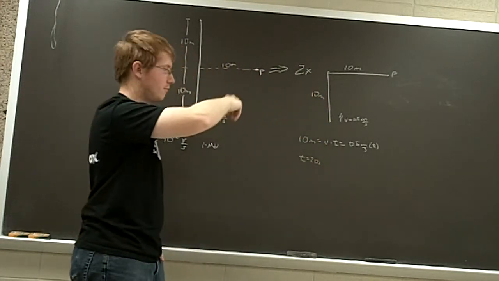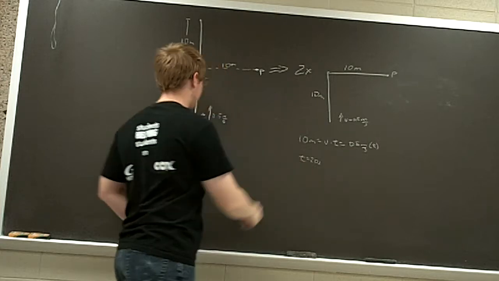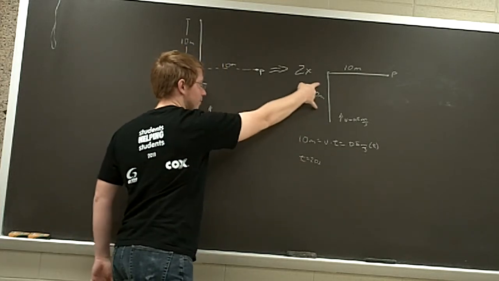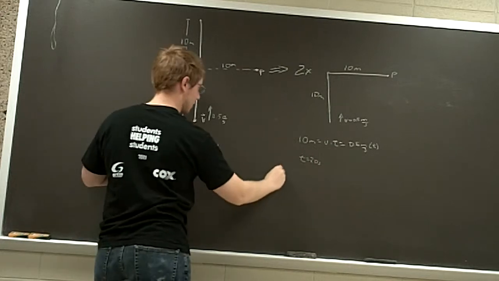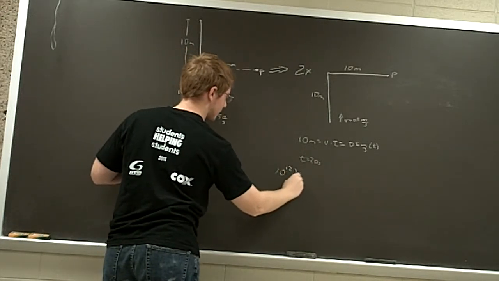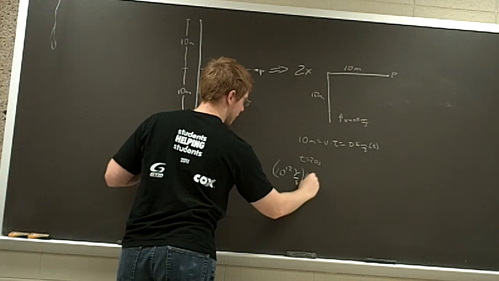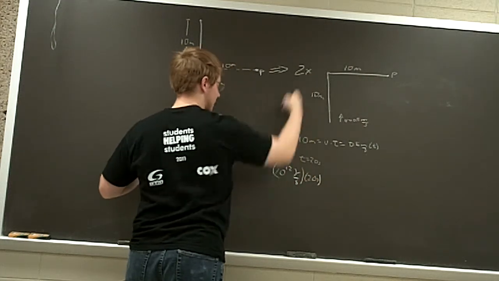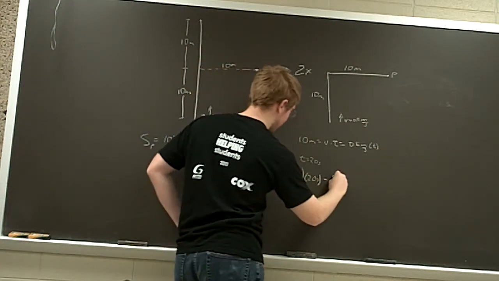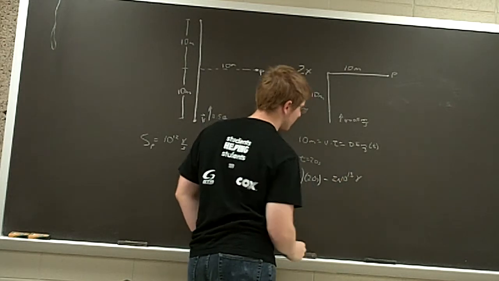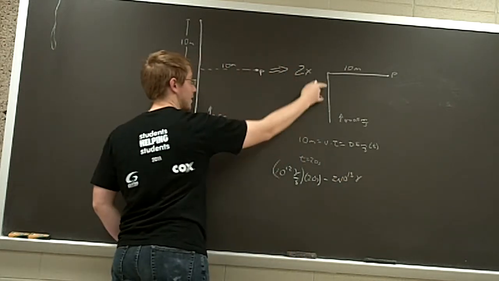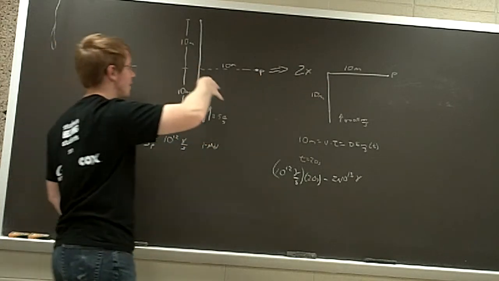Everybody okay with that? All right. So along this 10-meter segment, you're going to emit 10 to the 12 photons per second times 20 seconds across this line. So that's going to give you 2 times 10 to the 13 photons emitted across this line segment.